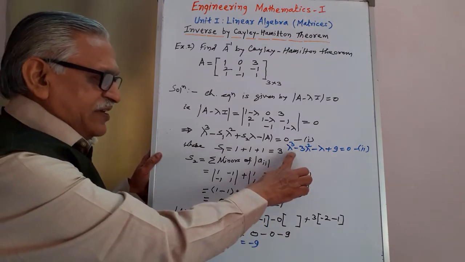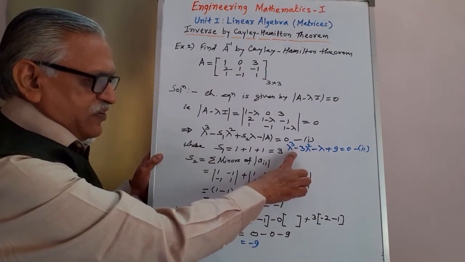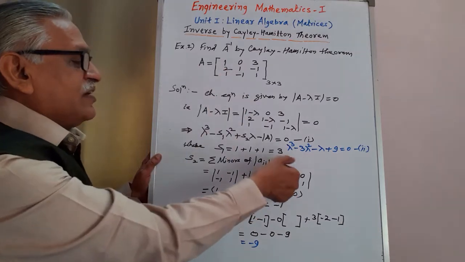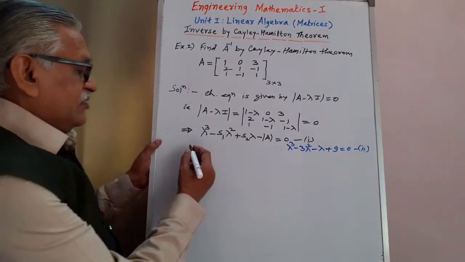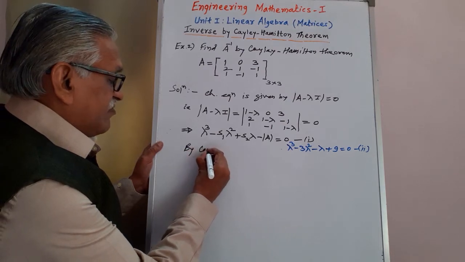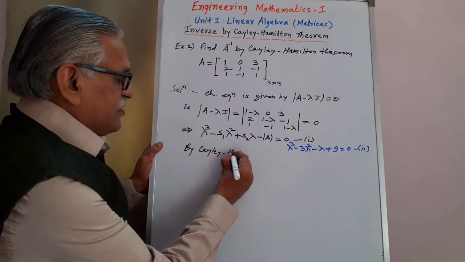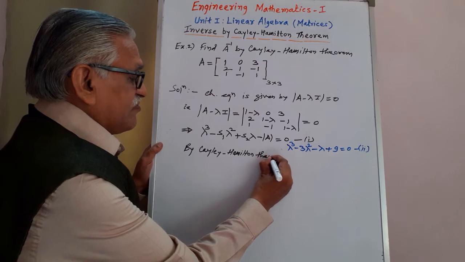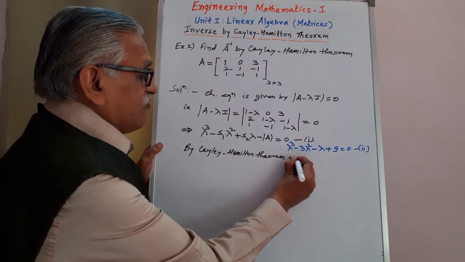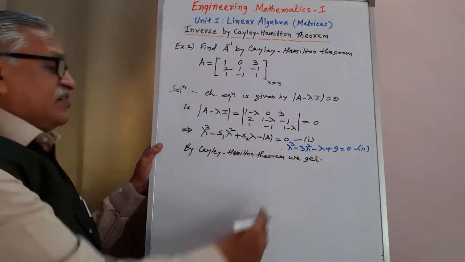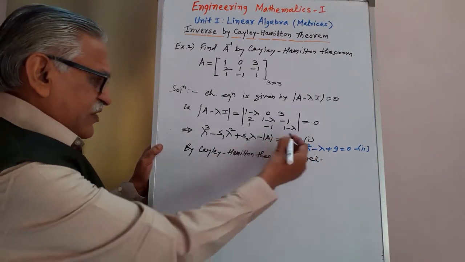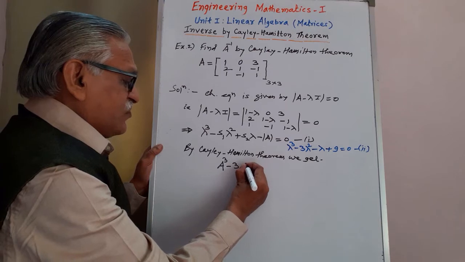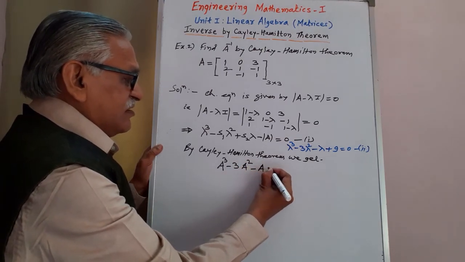Then applying the Cayley-Hamilton theorem, whatever equation we have, that equation is satisfied by that matrix A itself, and therefore by the Cayley-Hamilton theorem we get, replacing lambda by A everywhere, A cube minus 3A square minus A plus 9.